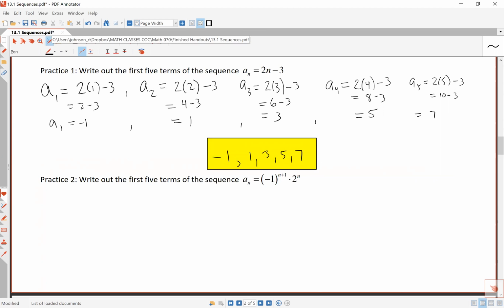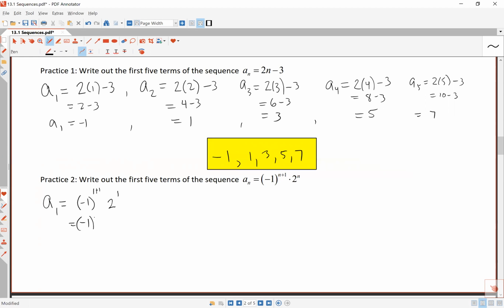Practice 2. We've got the alternating portion in the negative 1 to the n plus 1. And then we've got 2 to the n this time, so these are going to be powers of 2. First term in the sequence, a sub 1, is negative 1 to the 1 plus 1, 2 to the first.